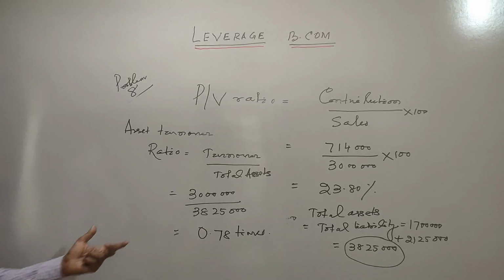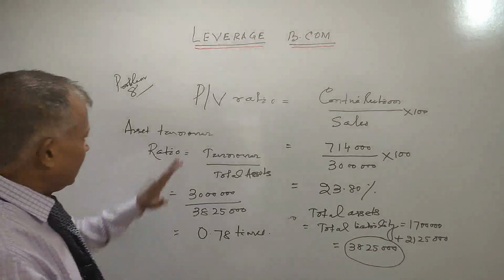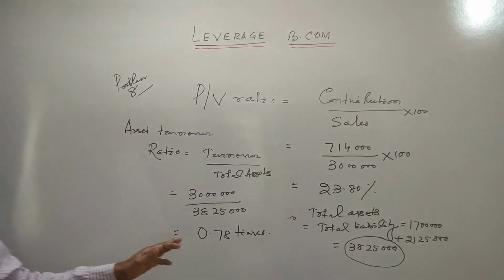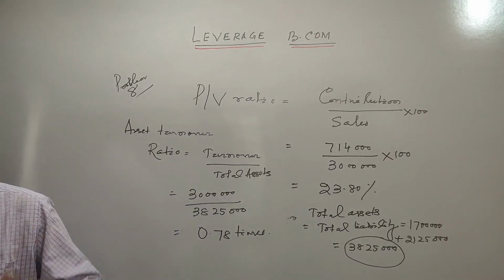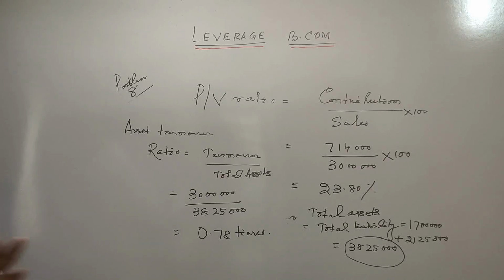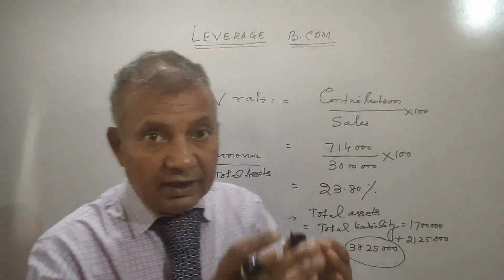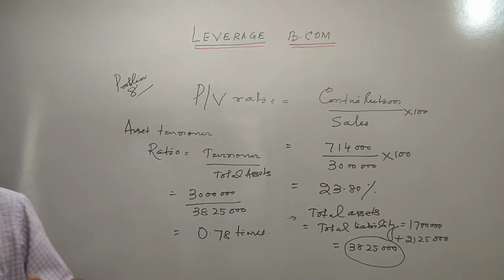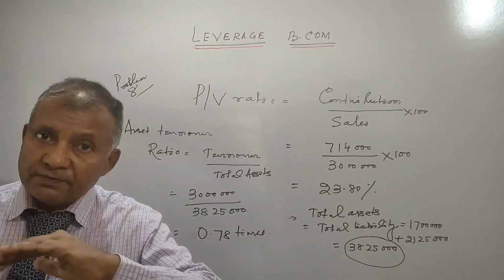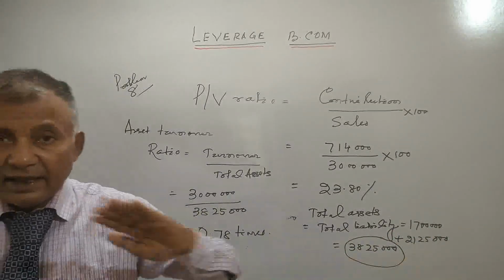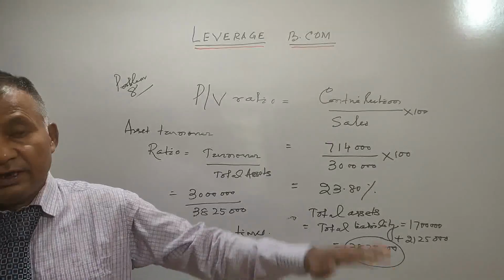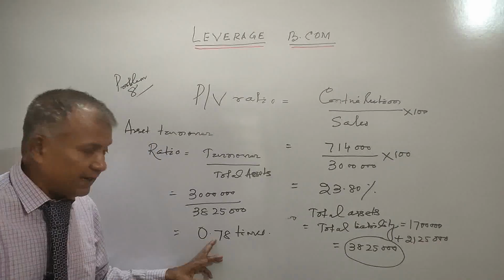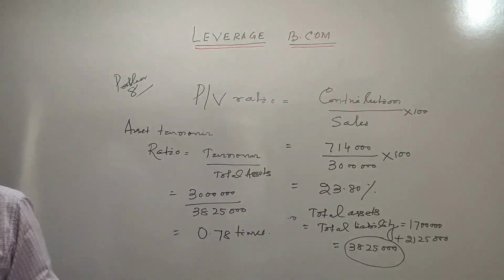They have asked you to comment on this industry comparison. The asset turnover of this particular company is 0.78. The industry average, that means taking the general average of this sort of industry, the average asset turnover in the market is 1.5, and the firm has an asset turnover of 0.78.